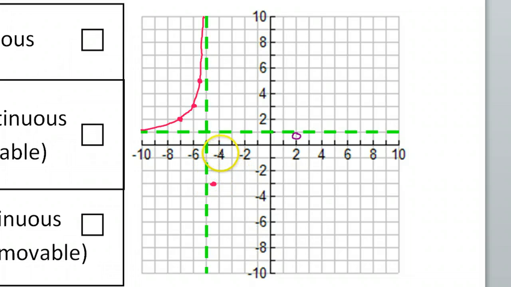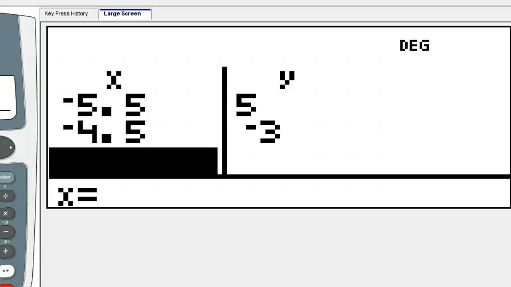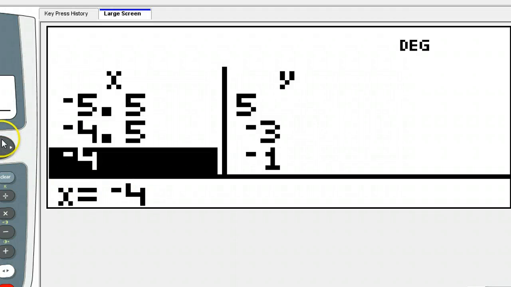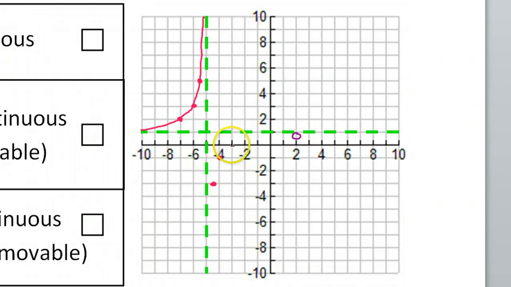And then I'll just go ahead and do negative 4 and negative 3. At negative 4, I'm looking at negative 1. So it's going to be right here. And how about negative 3? At negative 3, I'm at 0. So negative 3, comma 0. And then the hole also counts. So that certainly shows me what this graph is going to be looking like. It's going to be this type of thing.